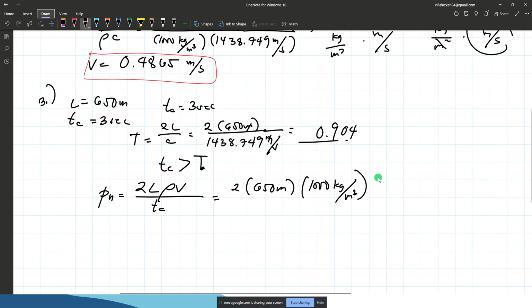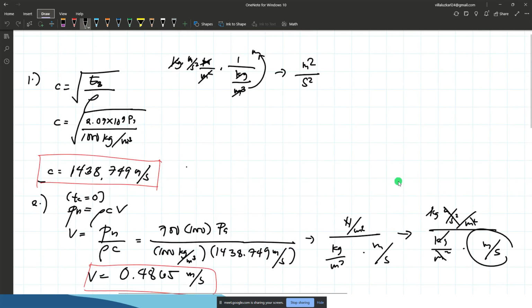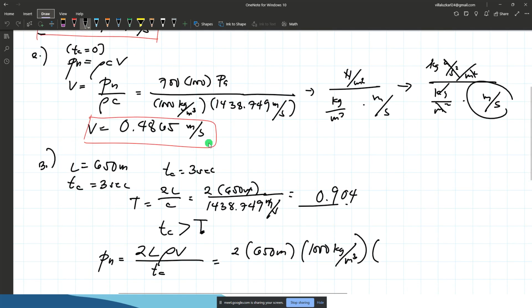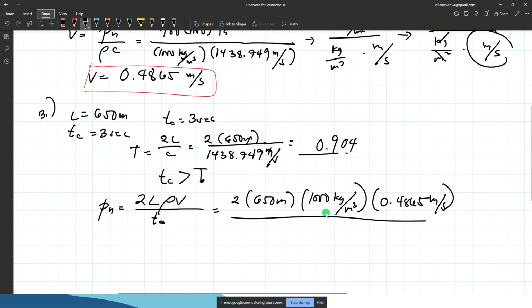Then we have the velocity, which equals the velocity given, 0.4865 meter per second, and the time of closure is 3 seconds.